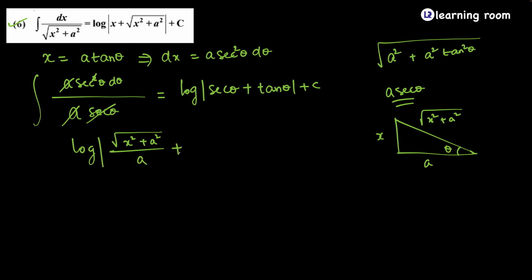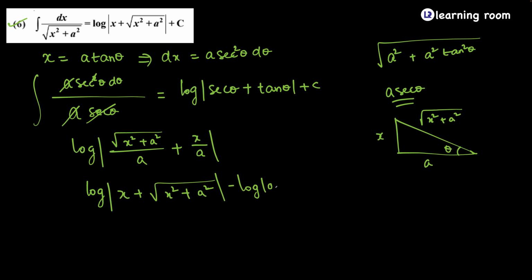Plus, what is tan theta? X by a. So what is the LCM? A. So what is it that you're going to have? Log of mod root of x square plus a square plus x, which is the same as the reverse of it. So can I write it as x plus root of x square plus a square, minus log mod a, plus c.